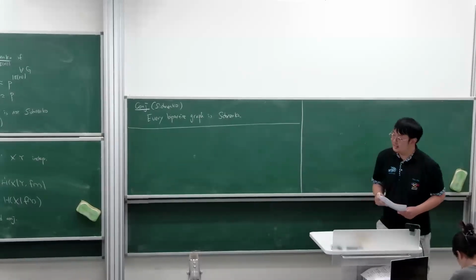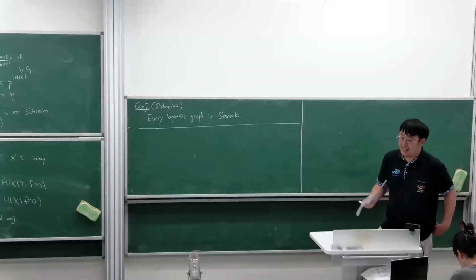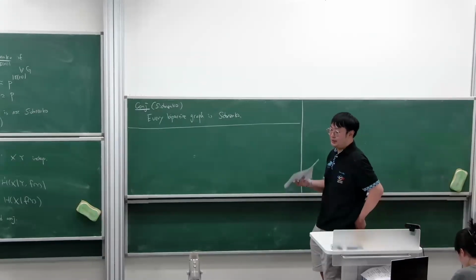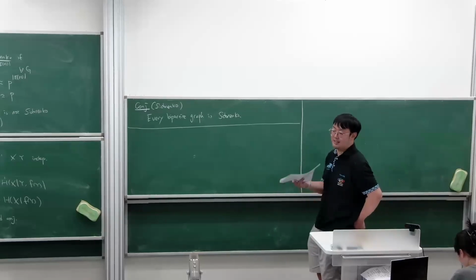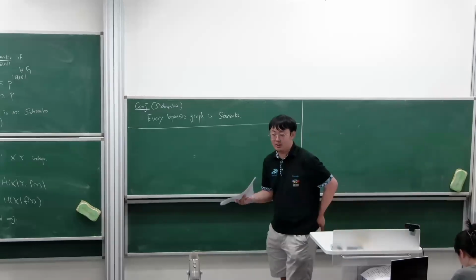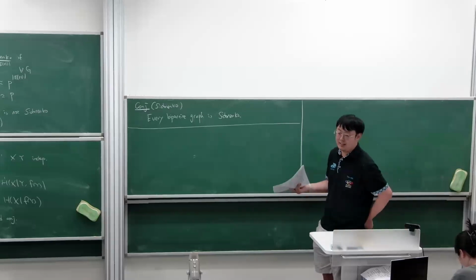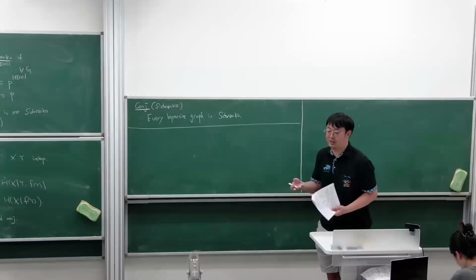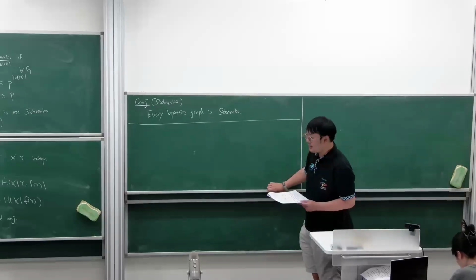Okay, and although the conjecture is not solved fully, there is much progress proving many families of graphs that are Sidorenko. And today I'm going to show you how to use the entropy method to prove that some of the graphs are Sidorenko and give you an idea of how these proofs work.